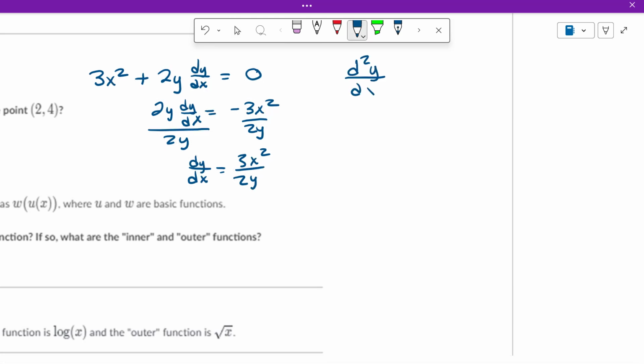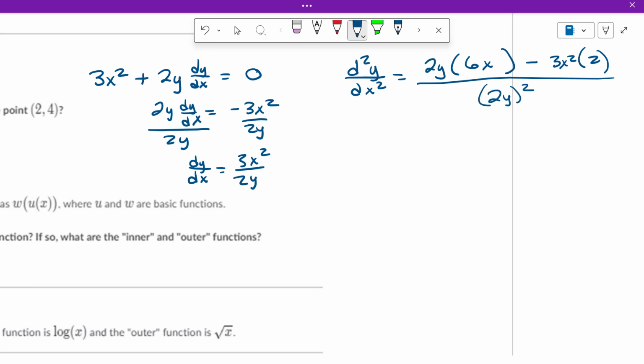d2y over dx squared, second derivative, is 2y times the first derivative of the top, which is 6x, minus 3x squared times the first derivative of the bottom, 2, over 2y quantity squared. Now, Jackson, we can put in the numbers, 2 and 4.